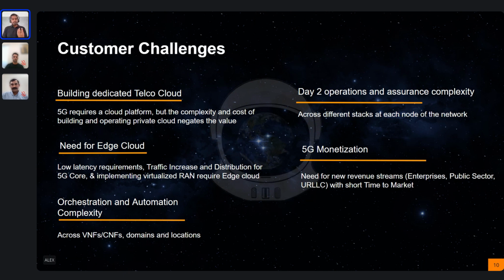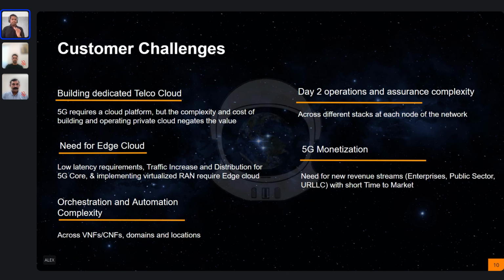So the architecture itself is microservices. So essentially you need to have a span of technology, or a platform, where your central units and distributed units can be spread across, and they can support the various traffic flows and various network slices that you build over your infrastructure.